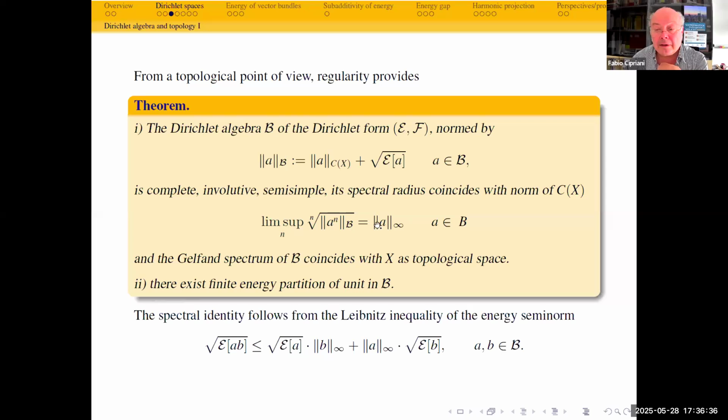This spectral radius identity comes from this inequality one can prove on any Dirichlet space, by which the energy semi-norm of the product of two functions, A and B, is bounded by the uniform norm of the functions and the semi-norm of the functions themselves.